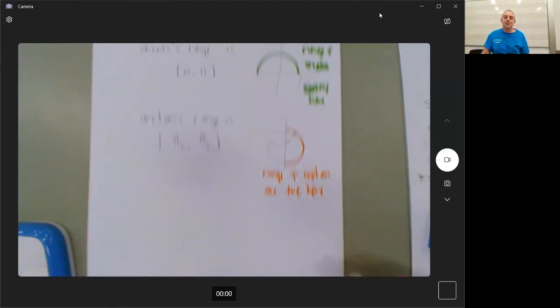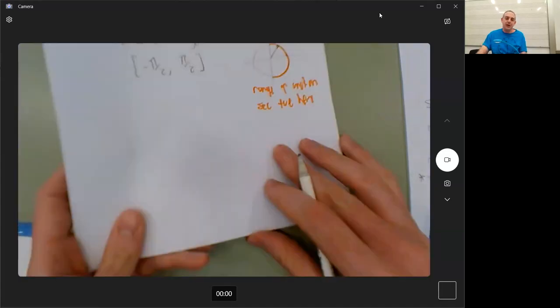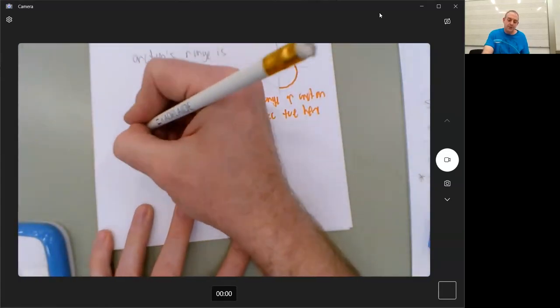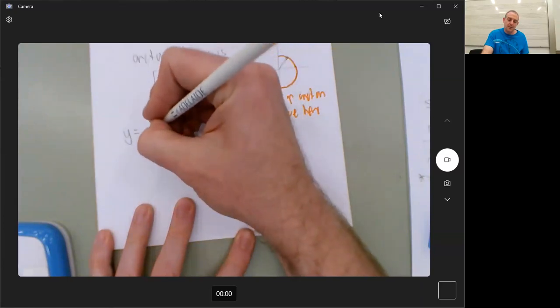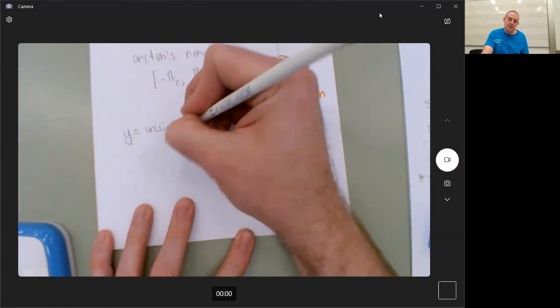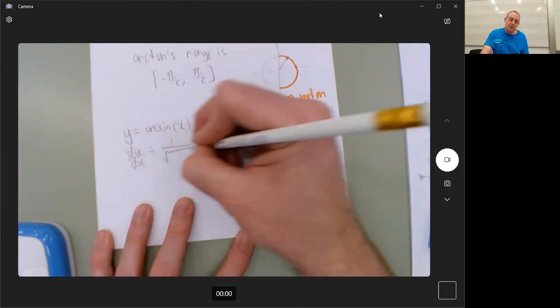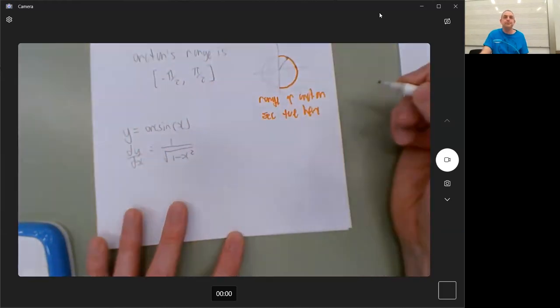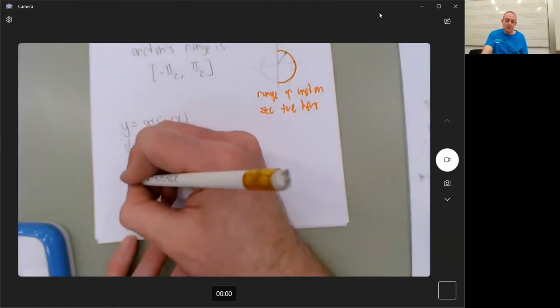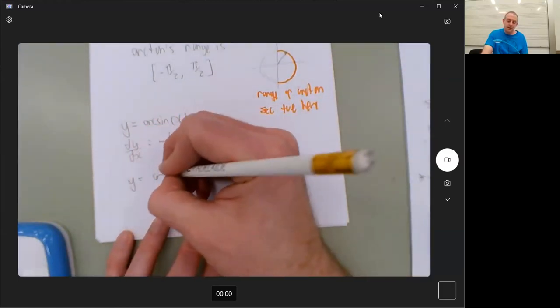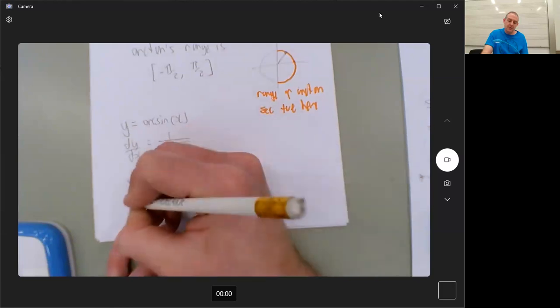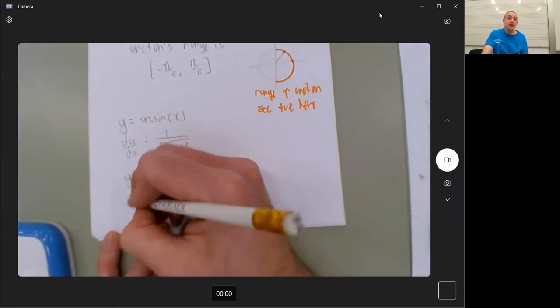So just to be absolutely clear, I'm going to give you the answers for what they are. If y is arc sine of x, then dy on dx is 1 over root 1 minus x squared. And if y is arc cos of x, what's that?